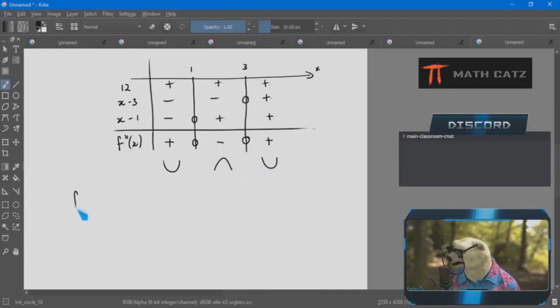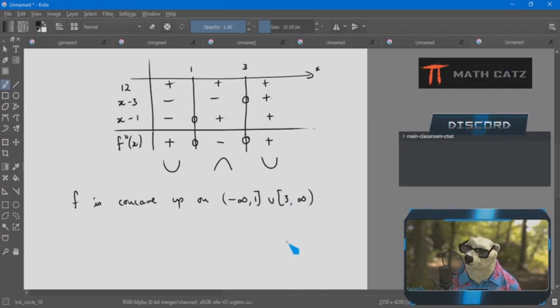Okay, so this is just a reminder for me what is happening. Let's write our sentences. Now, of course, we are still trying to make statements about the original function. f is concave up on negative infinity to 1, as well as 3 to infinity.